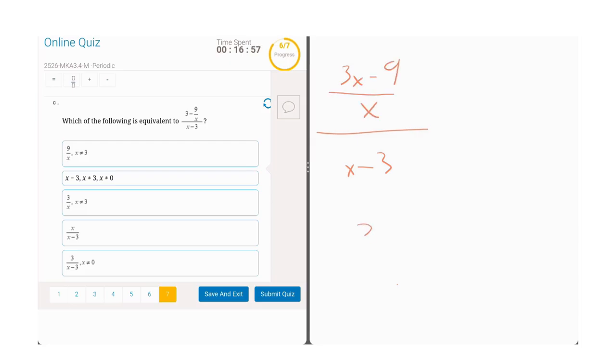We can rewrite this as 3x minus 9 over x divided by x minus 3 over 1. And keep change flip. You'll change this into a multiplication, and then we flip this fraction. You get 1 over x minus 3. You can factor 3x minus 9, take the 3 out. x minus 3, cancel them out, and you'll be left with 3. x will be not equal to 3.